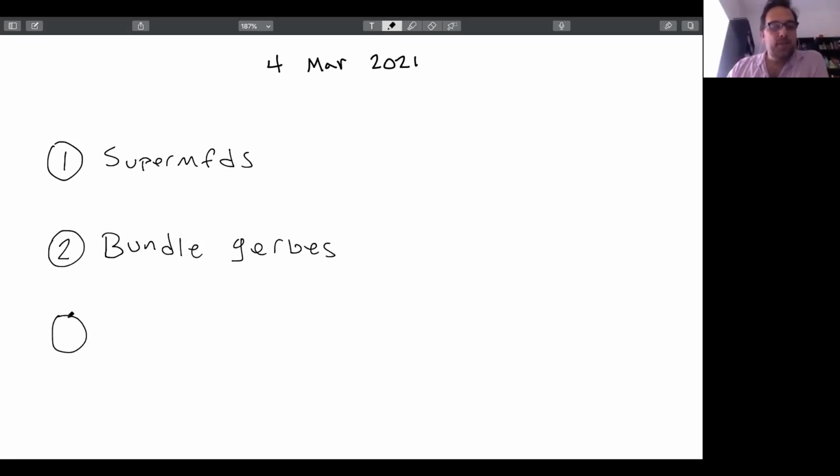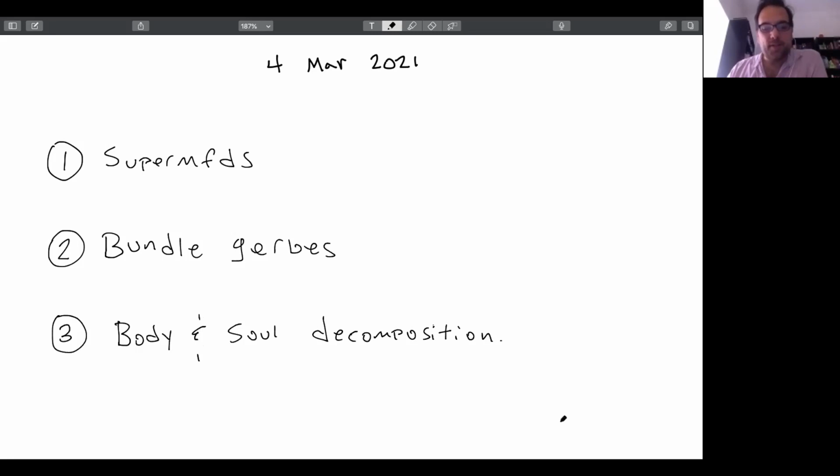And we'll finish it up with a decomposition theorem, which I like to call the body and soul decomposition. These kinds of decompositions occur a lot in supergeometry, but this terminology is more from the physics literature. This is due to DeWitt.